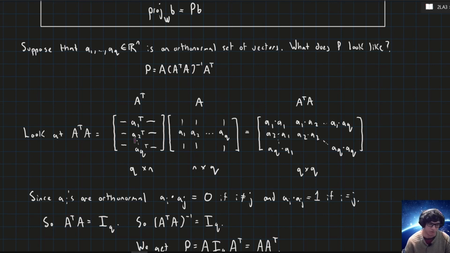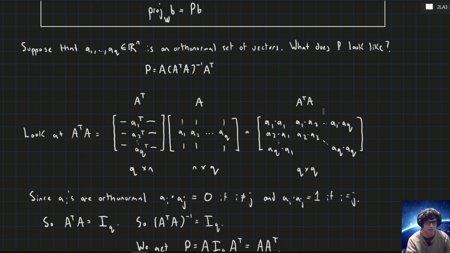So write A transpose like this, write A like this, and A transpose times A is going to look like this, right? A bunch of dot products between the A's, in this formation.